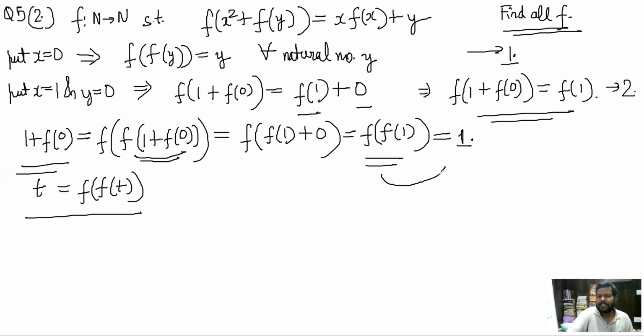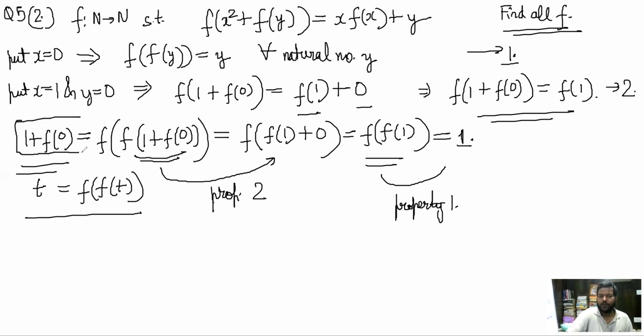Because f of 1 must be 1 from property 1 again. And this was property 2, from here to here was property 2. And notice that overall you're getting 1 plus f of 0 is equal to 1. Therefore, f of 0 is 0. So we have gotten the value of f of 0.